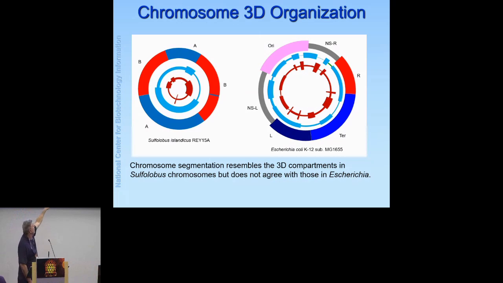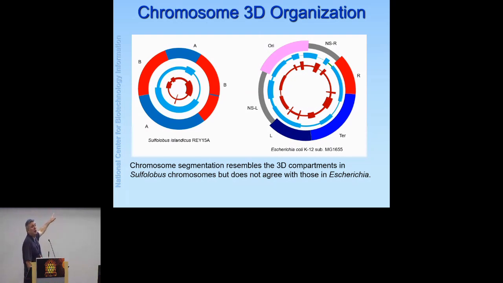But if, for example, you look at E. coli, there is nothing similar. So our conclusion is that it is not chromatin structure that drives the differential distribution, it's the other way around.